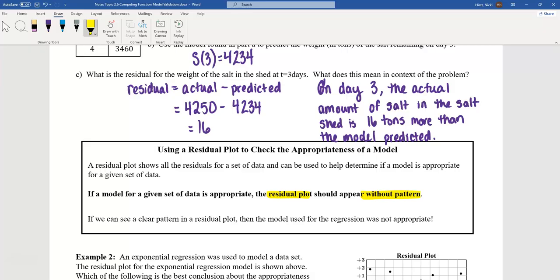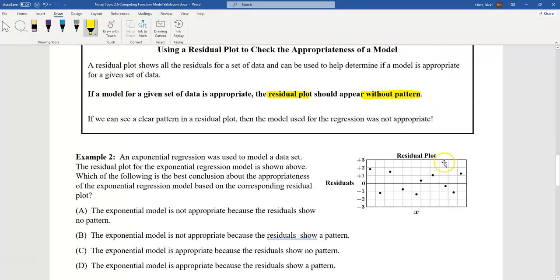So whenever you're looking at a residual plot, it should be scattered and random. This is a pretty good residual plot because it is scattered and random. Bad residual plots look like a line or a quadratic, or have some sort of pattern that you see.